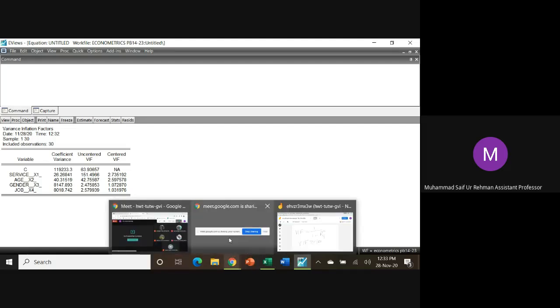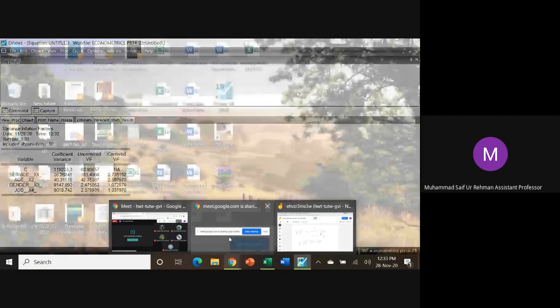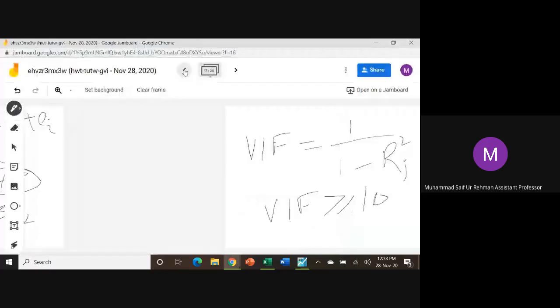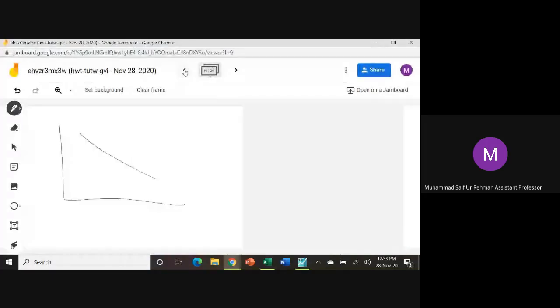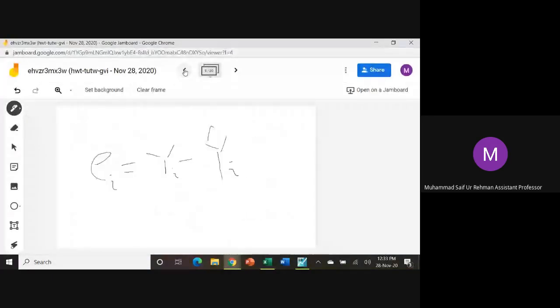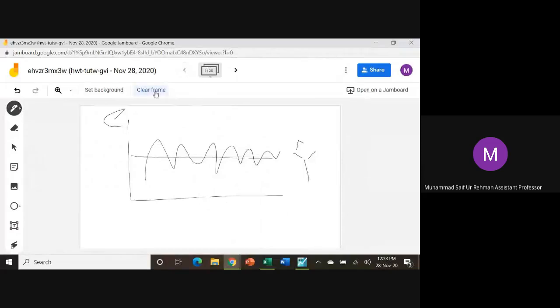Finally, the final thing that I want to share with you is that I have to clear the frame, and I am interested in solving one thing here on the board.